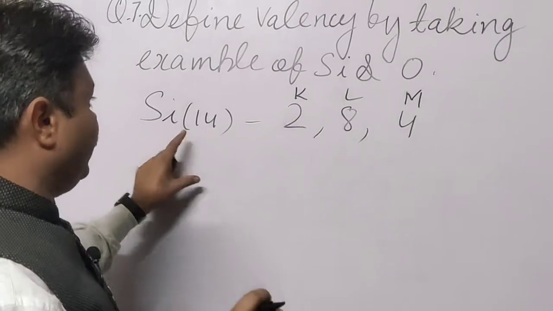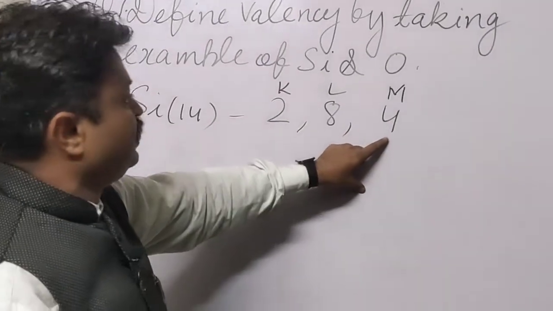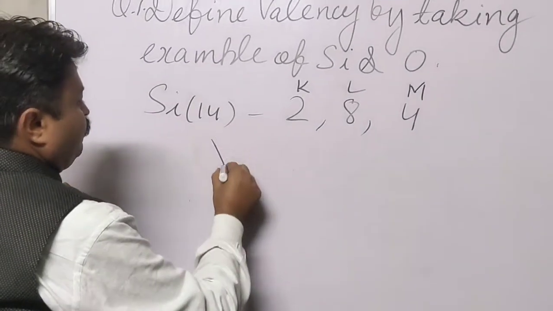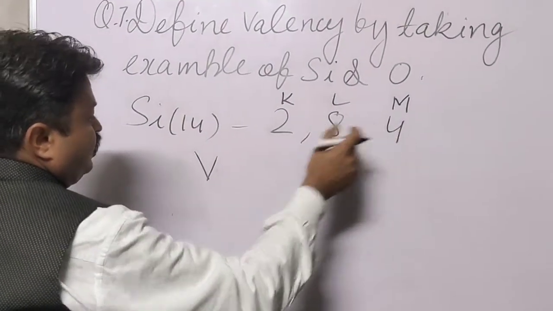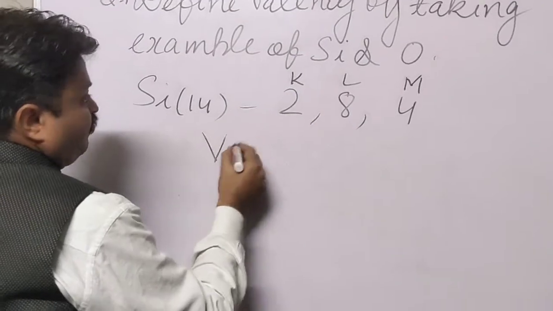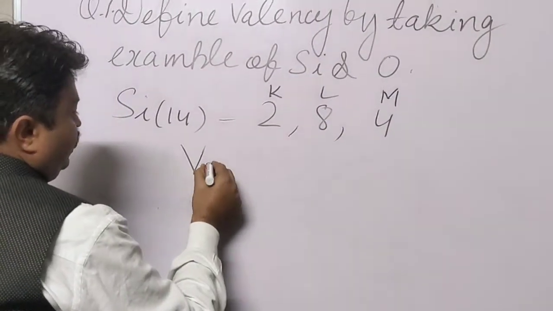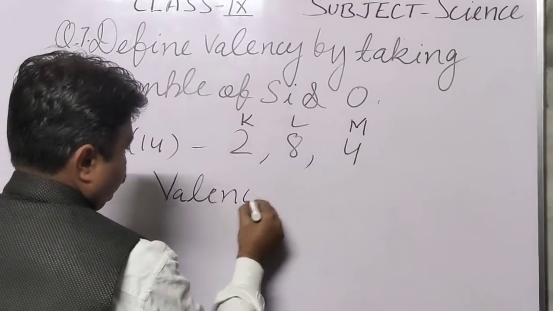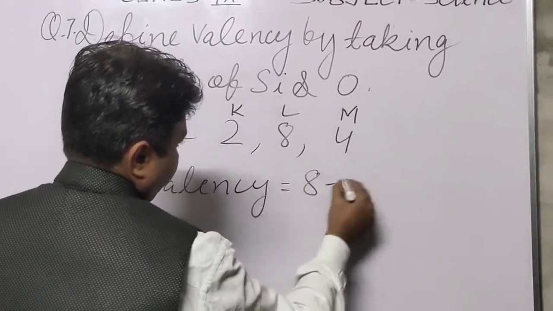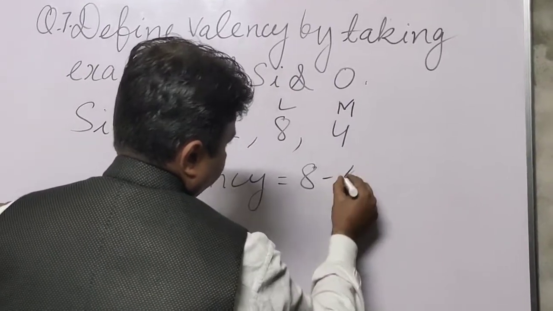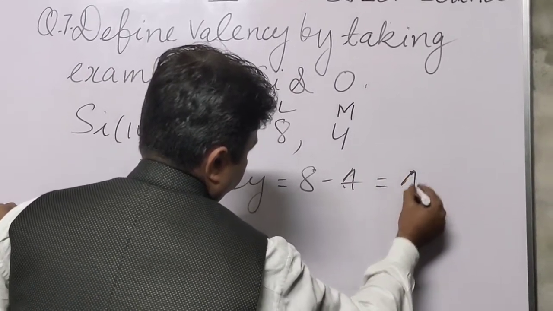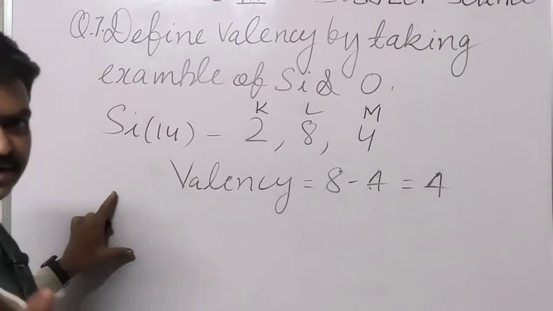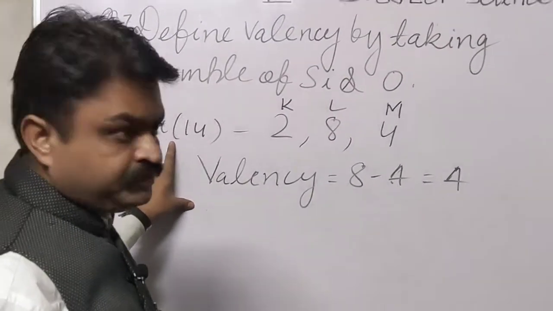So what is the valency of silicon here, student? If we find how many electrons are needed to fill its octet, it is 4. So its valency is 8 minus 4, which is 4. Means the valency of silicon is 4, student.